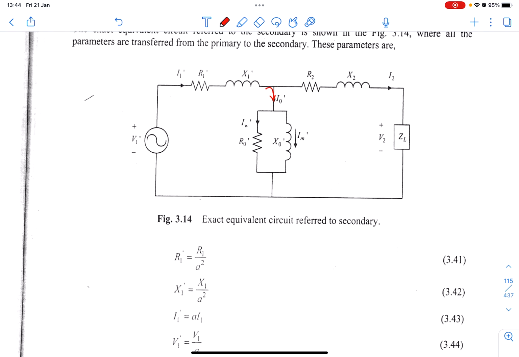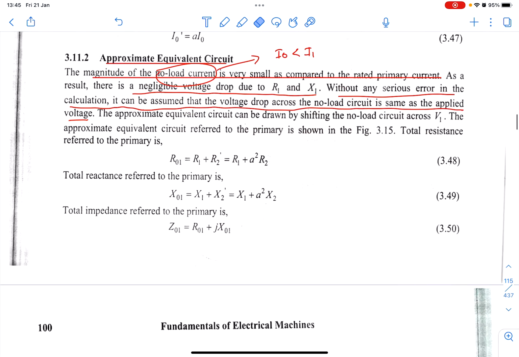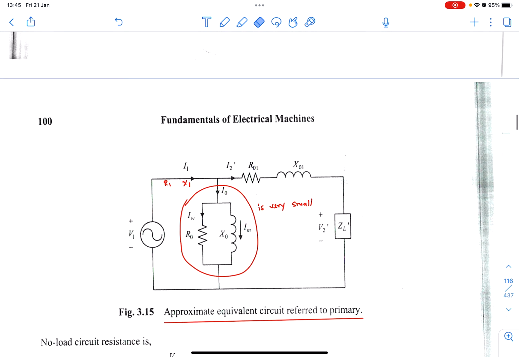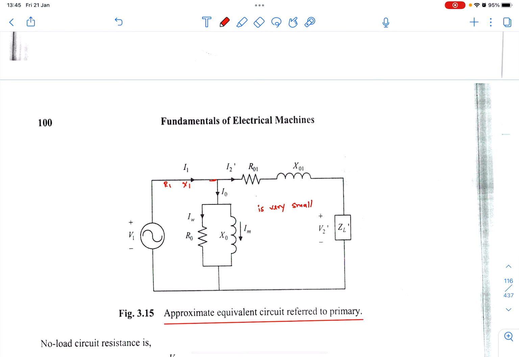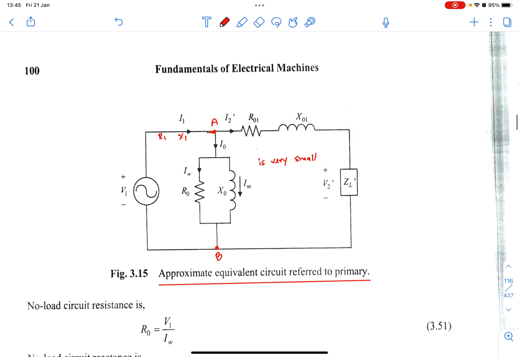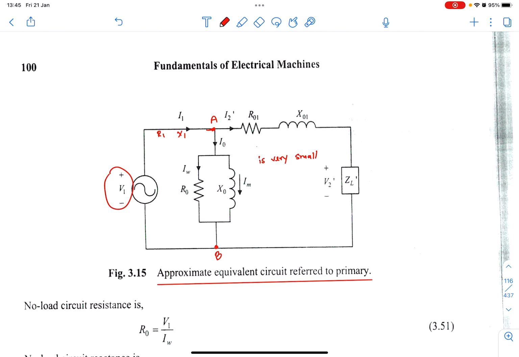It's really small, like there is no voltage drop across this point. So it mentioned earlier that the voltage across this point, point A and point B, is the same as the source voltage.